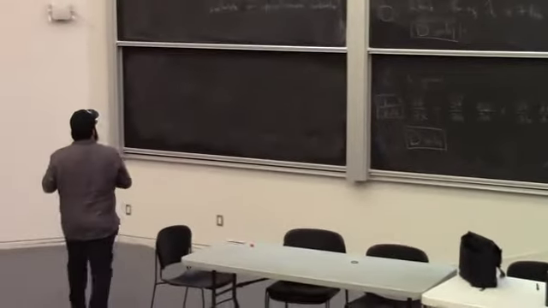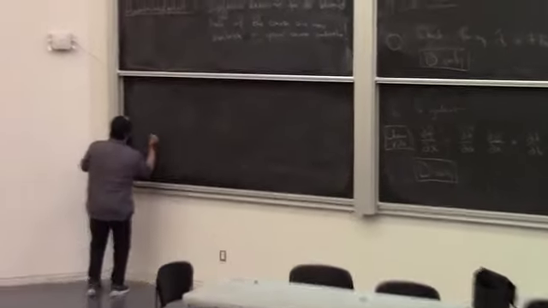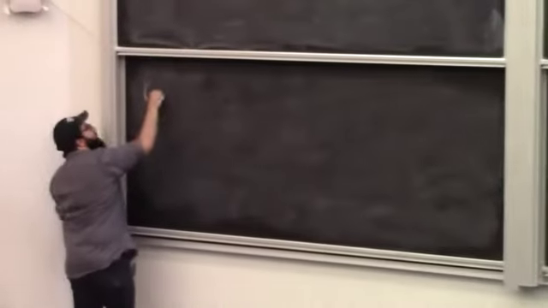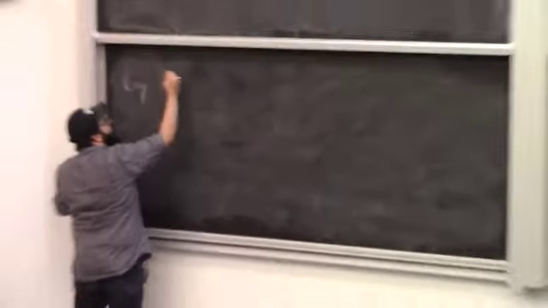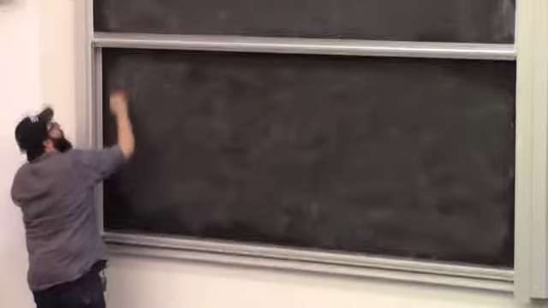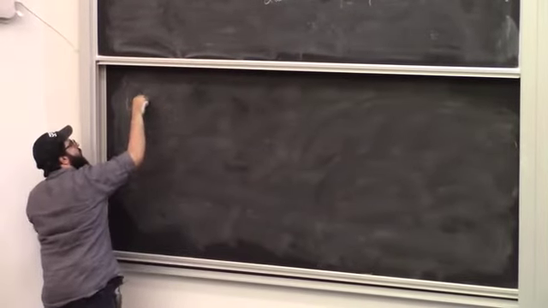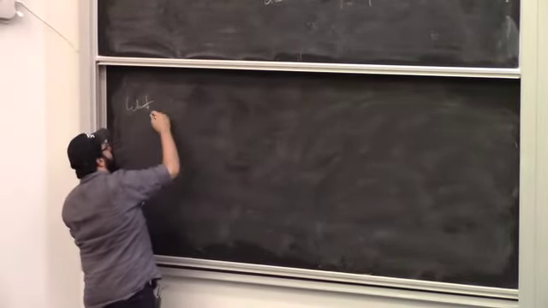But the fact which I think is key to understanding this is the following. First of all, let's be clear about what we want to do. I'm just going to rewrite part of that question.